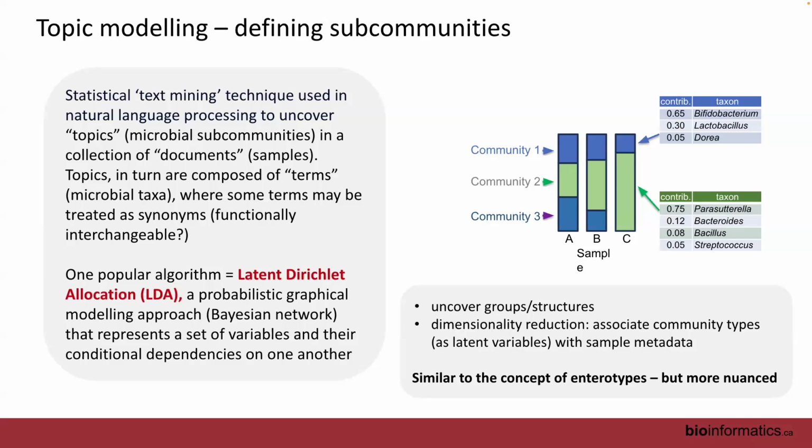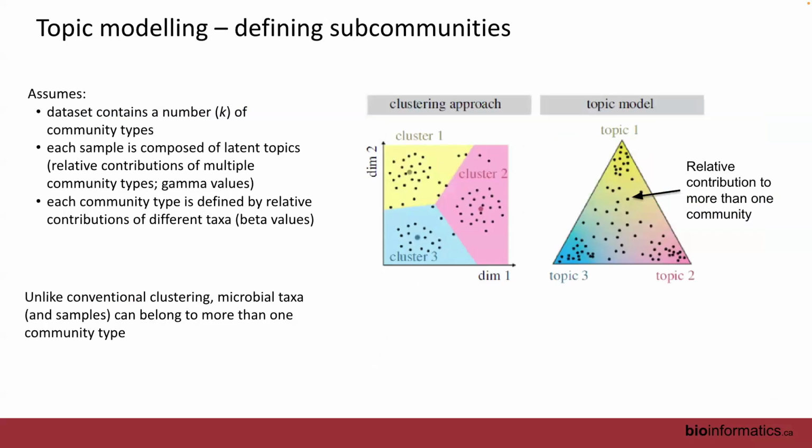And then there's something called latent Dirichlet allocation, LDA. This is the actual algorithm that is used to define these topics. So the idea here is, if you're thinking about your community, you have these taxa that are contributing to these different communities, and the traditional approach would be doing some kind of clustering, and you would allocate each of your taxon into a distinct cluster.